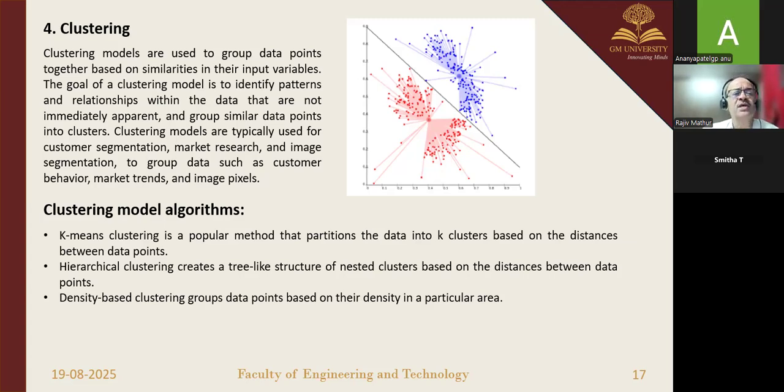So the goal of a clustering model is to identify patterns and relationships within the data that are not immediately apparent, and group similar data points into clusters. What you would do is some pre-work, identify similar types of data and put them together into different clusters or different types of buckets.